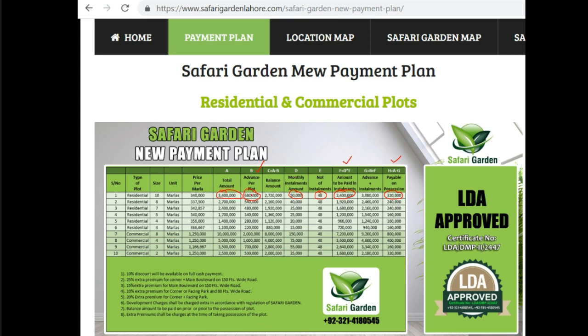This is interesting. What is even more interesting, and is not immediately apparent to most people, is that right here in the footnotes, it says there is a 10% discount available on full cash payment. What that means is that if you have the funds, then this property doesn't cost 3.4 million rupees.